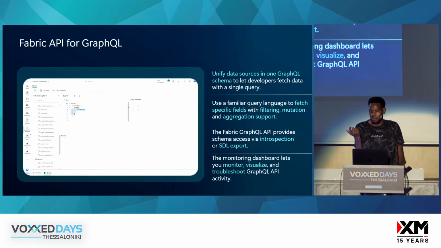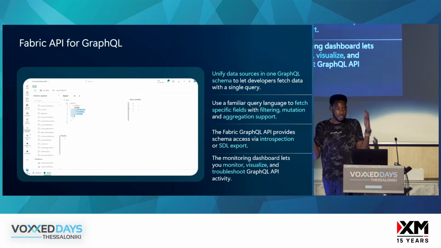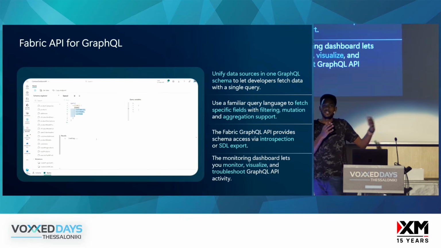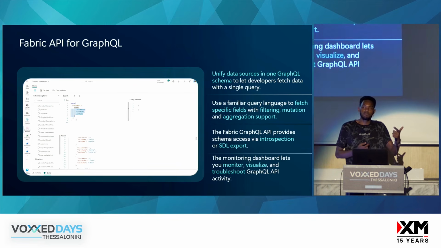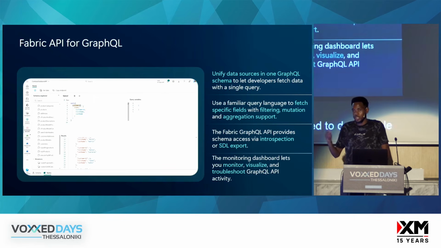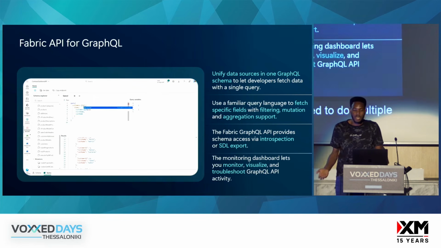Now, why is this important? Developers, traditionally, because of the very disparate data sources that they could have in Microsoft Fabric, would previously need to do multiple queries or make multiple API calls.